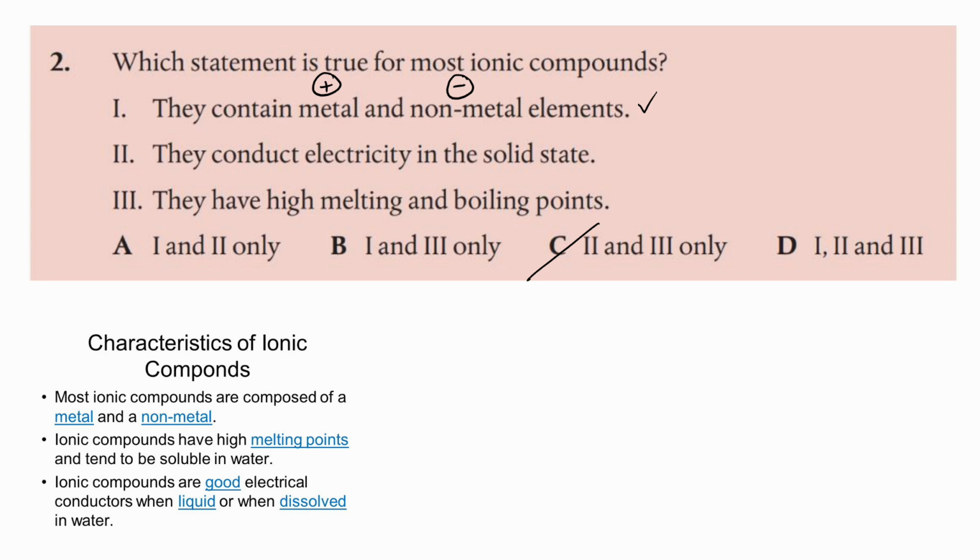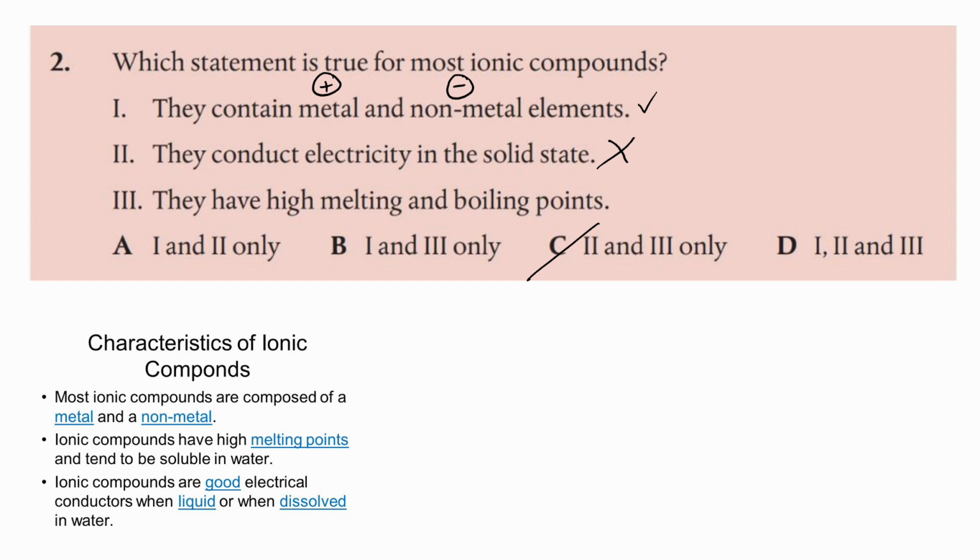Then we have number 2, they conduct electricity in the solid state. This is not correct. When you have a solid ionic compound, it's not going to conduct electricity because its ions are fixed in place within the crystal lattice and can't move. Electrical conductivity requires free moving charged particles, which are only possible when the compound is melted or dissolved in water.